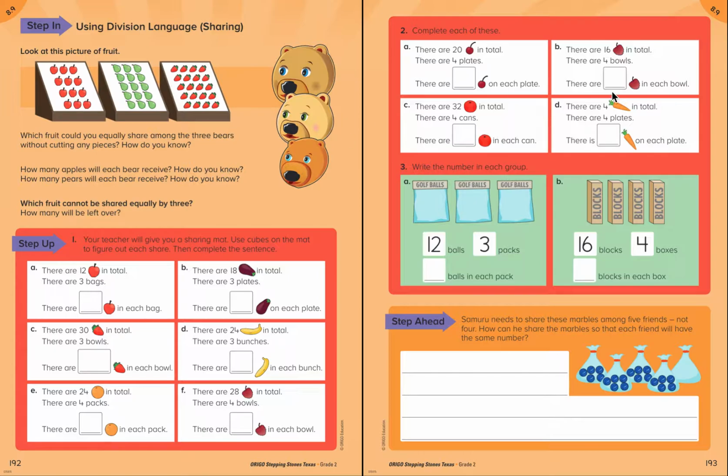Well, first I'm going to come over and label my arrays, because this is just like multiplication. I'm going to count my rows: 1, 2, 3, and 4.